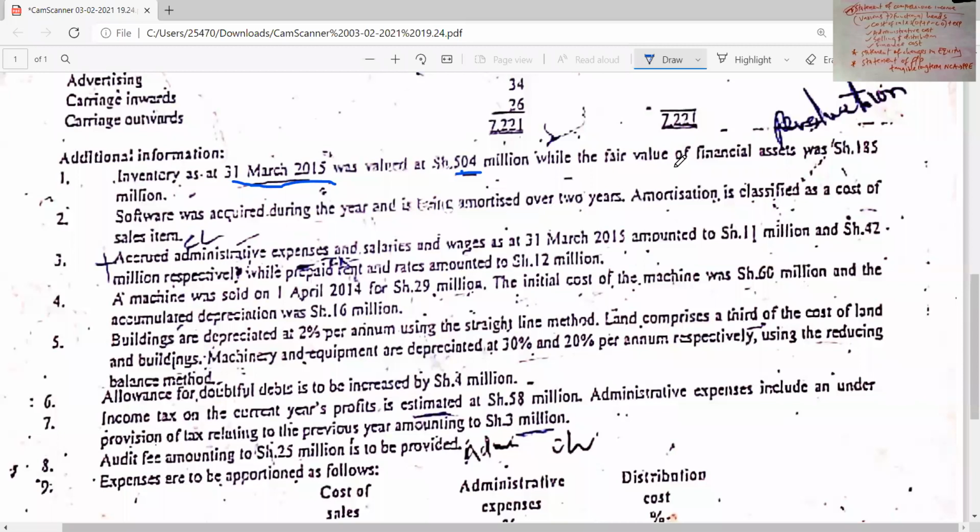With a fair value of financial assets, the fair value of financial asset was 185 as at that date. So we need to check this financial asset at fair value.